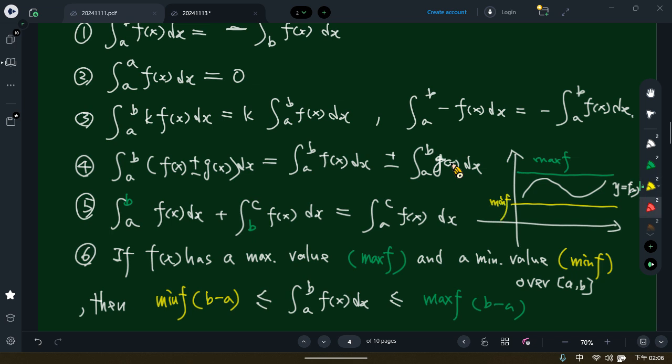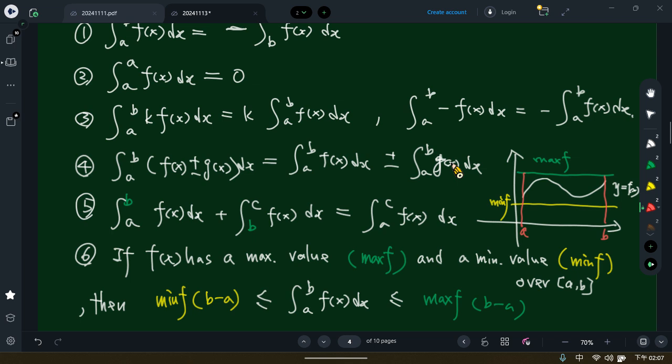Right? So when we calculate the integral from a to b of f of x, you can easily understand, min f means the size of the area, min f times b minus a, right?